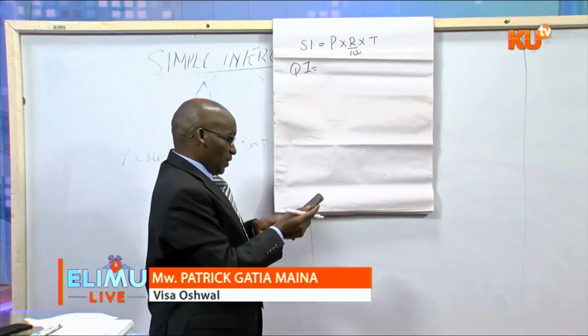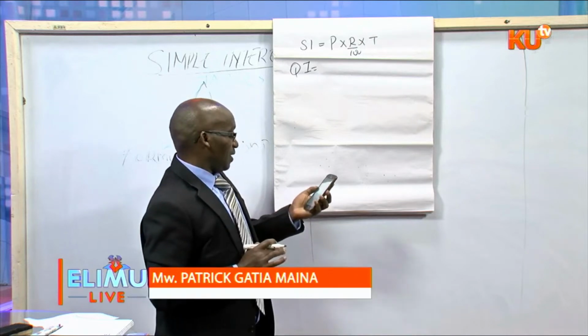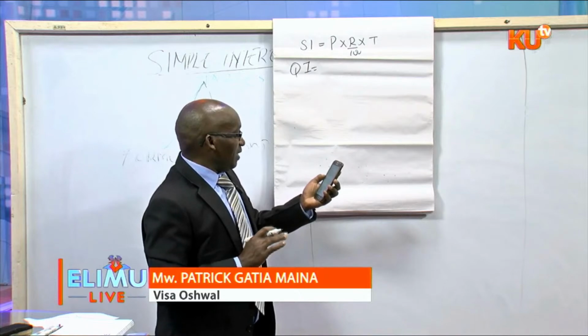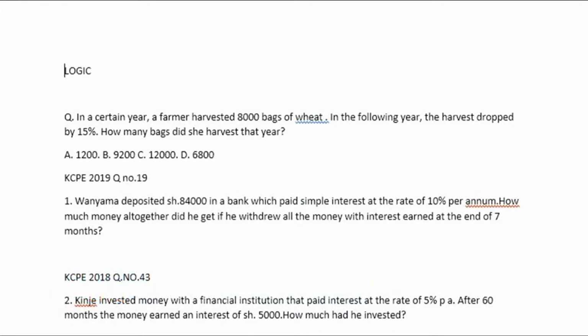And so if you go through the question, you realize that Kinja invested money with a financial institution that paid interest at the rate of 5%. So you need to ask yourself, we are on question interpretation. Is simple interest given? Yes, the simple interest is given as 5,000. Go to the second aspect of this formula, which is the principal.